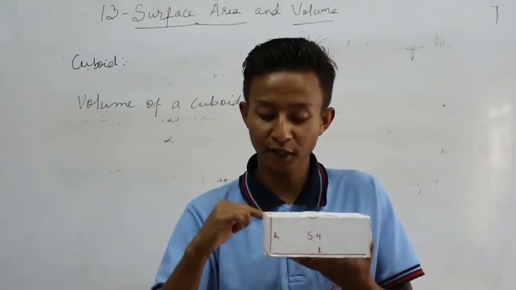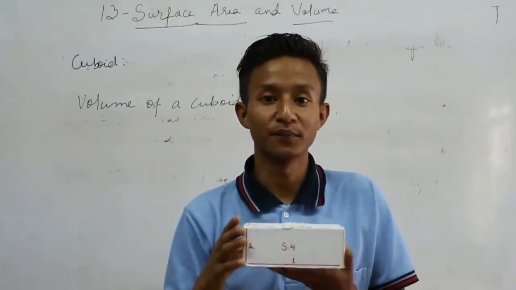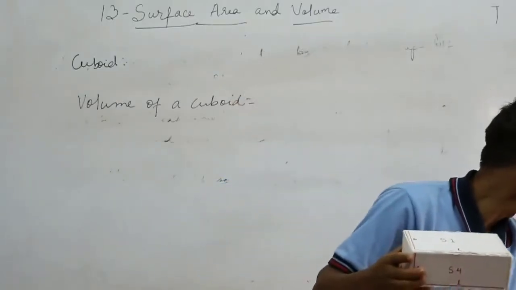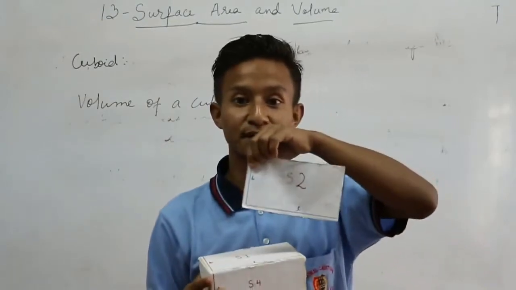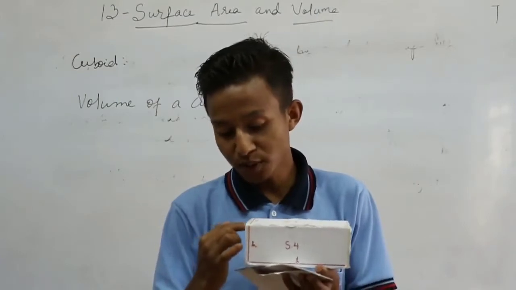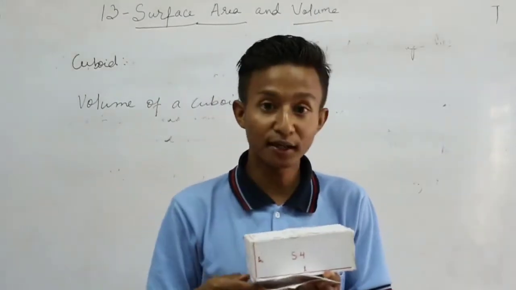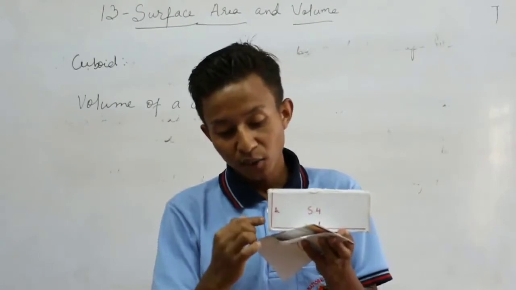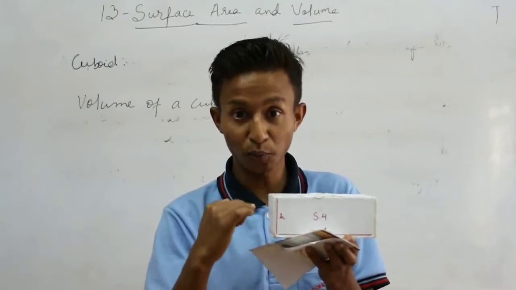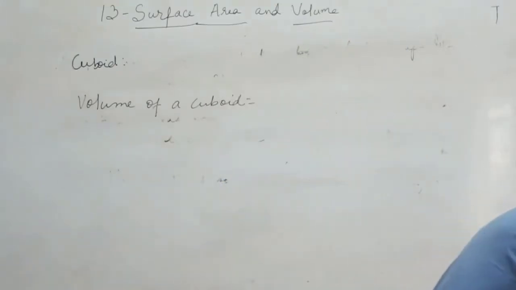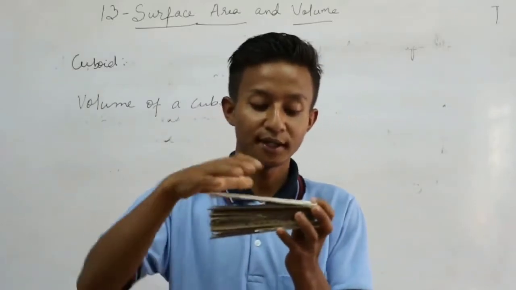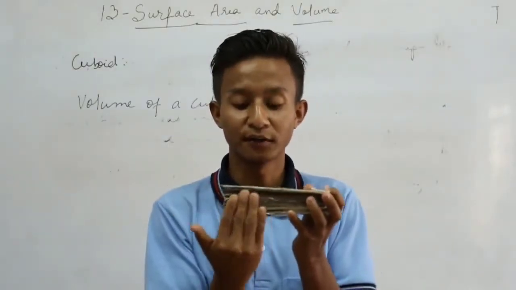If we slice once from here, we get this much, which is in the form of a rectangular sheet. Slice once again, we get another rectangular sheet. When you finish slicing the whole box, you will get something like this. There are h number of them.